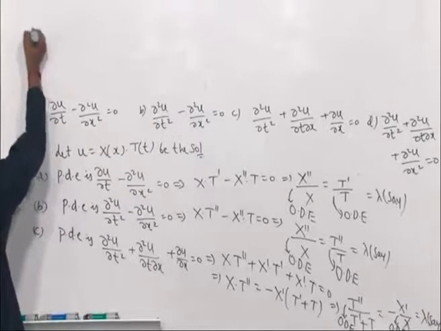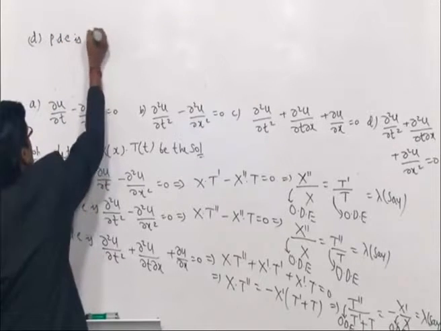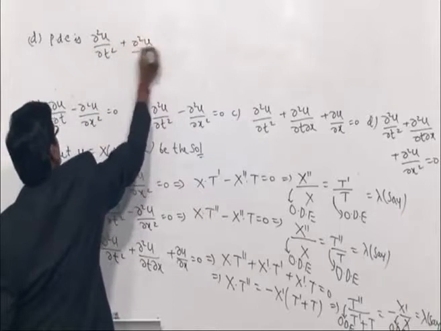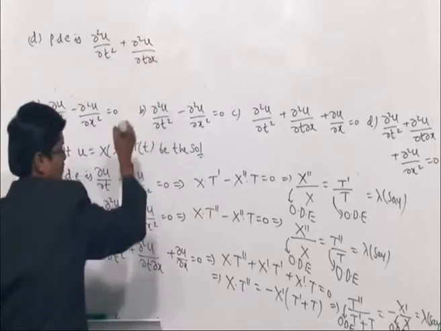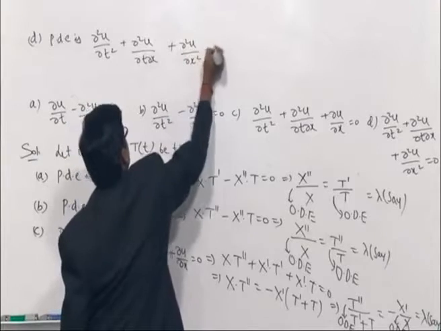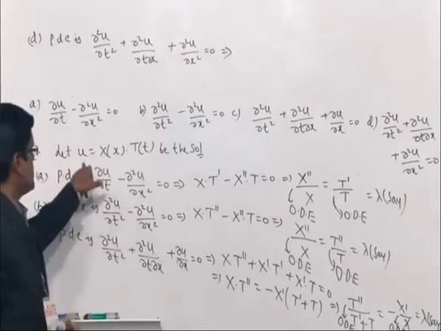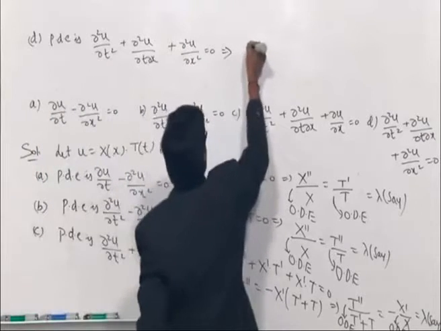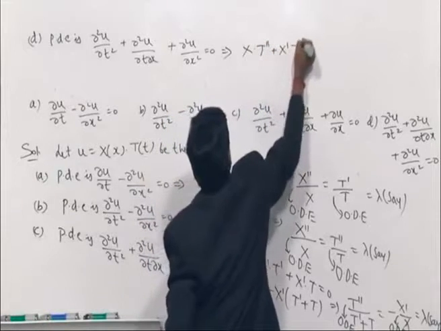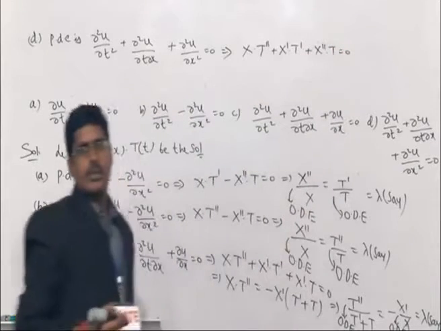Option D. PDE is dou square u by dou t square plus dou square u by dou t dou x plus dou square u by dou x square is equal to 0, which implies, substituting with this solution, this becomes x times t double dash plus x dash t dash plus x double dash into t is equal to 0. Okay.